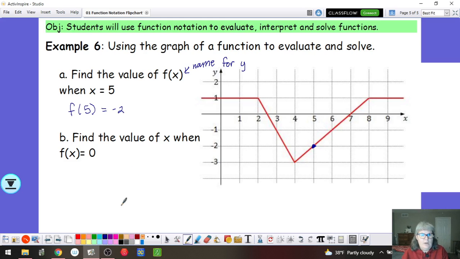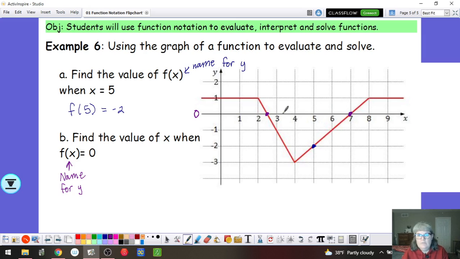Find the value of x when f of x equals 0. So f of x, remember, is a name for y. So when y equals 0, what x value or values are being used.